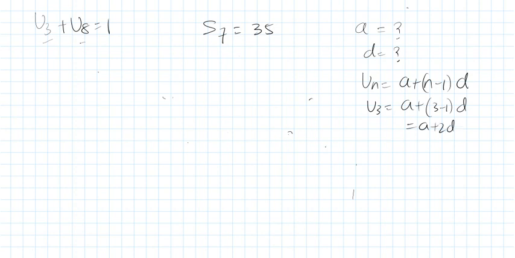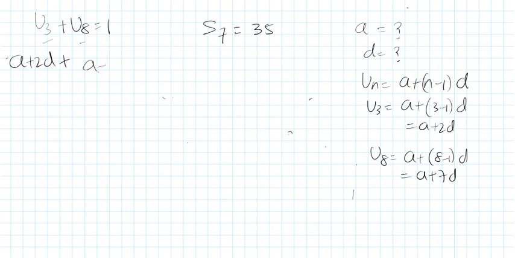All right? So a plus 2d plus U8. Use the formula again. U8 would be a plus (8 minus 1)d, so that's a plus 7d. So I get a plus 7d is equal to 1.